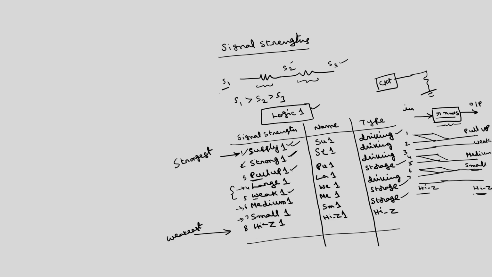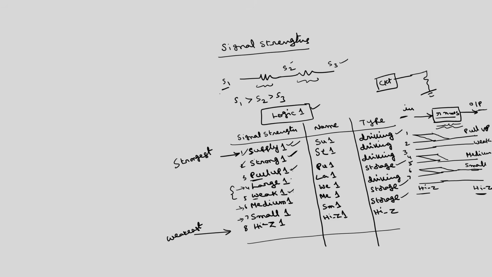Okay. If I take the RNMOS circuit, the input and output levels: the first two levels, supply and strong, will be reduced to pull up; pull up and large, third and fourth, will be reduced to weak; large and weak will be reduced to medium; and then medium and small will be reduced to small in case of RNMOS. So, these are about the signal strengths.